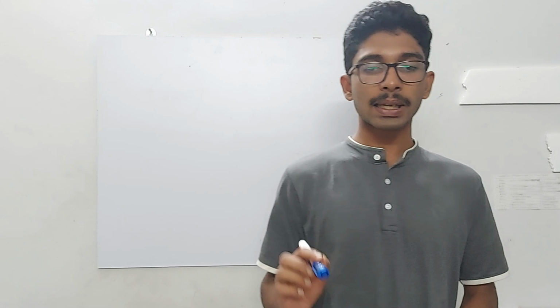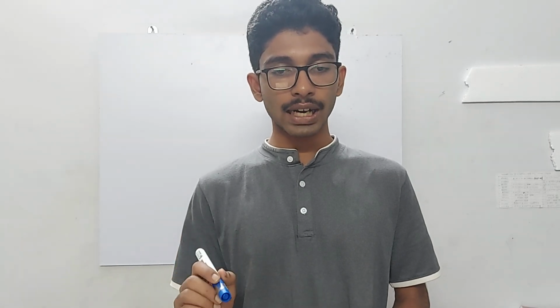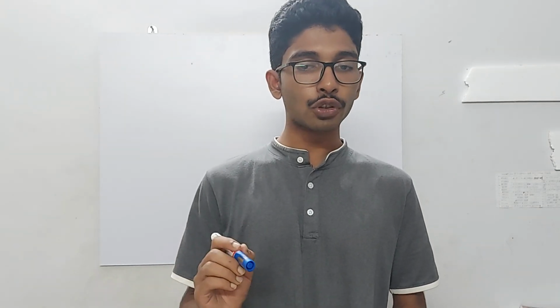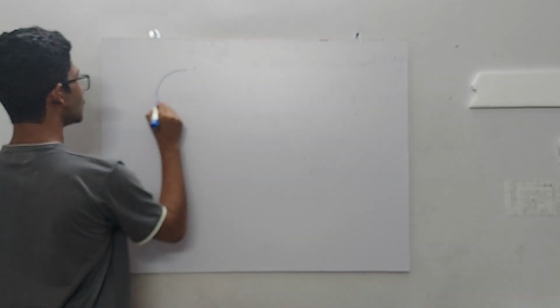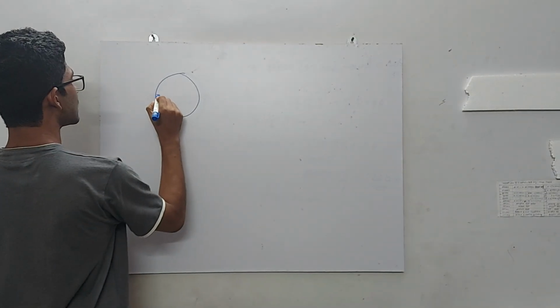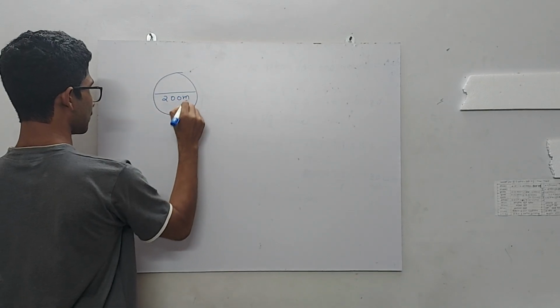The first question: an athlete completes one round of a circular track of diameter 200 meters in 40 seconds. What will be the distance covered and the displacement at the end of 2 minutes 20 seconds? So in this question they have asked us to calculate the distance and displacement. There is a circular track, and it's given that the diameter of the circular track is 200 meters.